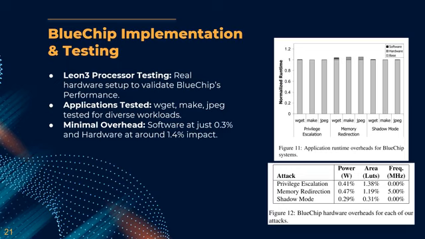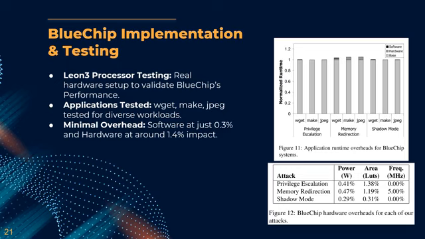The results, as you can see, the runtime overhead for these tasks is extremely low. The bar chart shows normalized runtimes for key workloads under different attack scenarios, and the results demonstrate minimal software impact. Below this, you can see the hardware overheads.